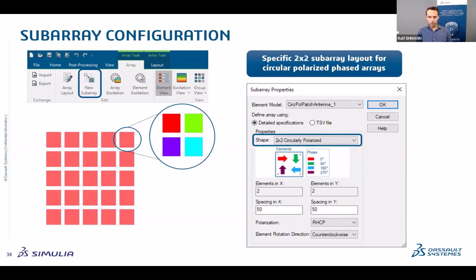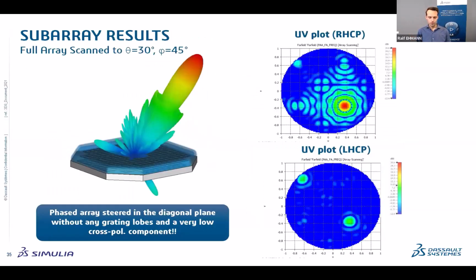So without getting into too much detail, I think the proof is also in the pudding here. If you do look at the results of a finite array, and this one is actually scanned in the diagonal plane, you can see no grating lobes popping up, and cross-polar levels really being well under control, because we do this quadrature phasing.